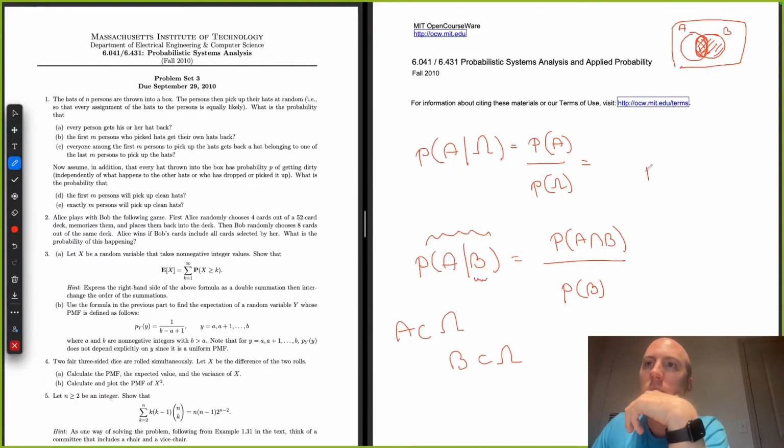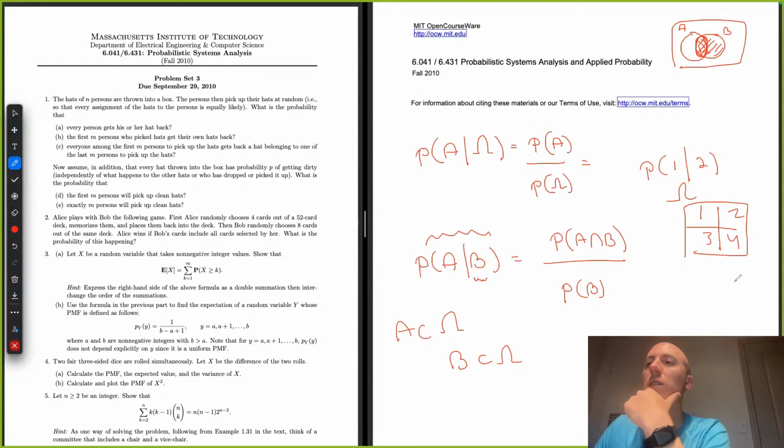So when we said the probability of 1 given 2, and we had our sample space of 1, 2, 3, 4, and 2 happened, we're in this space.